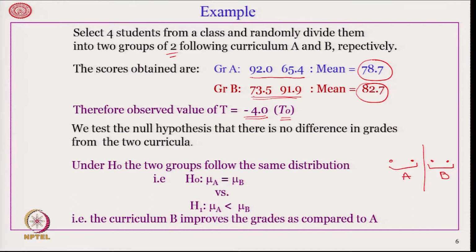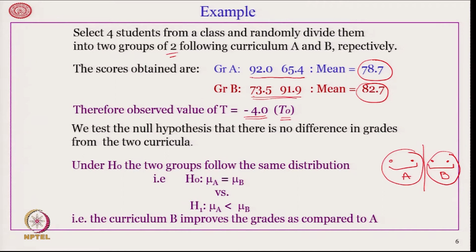Now, we want to test under the null hypothesis that there is no difference in grades from the two curricula. That means, for students coming from this population, there is no variation in their grades.